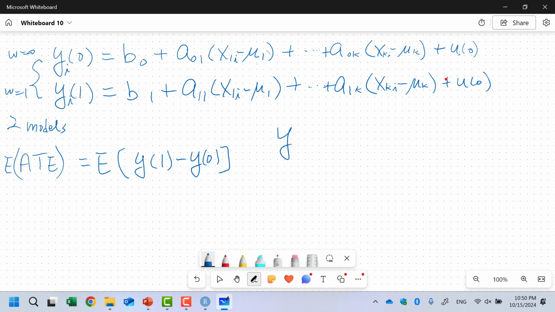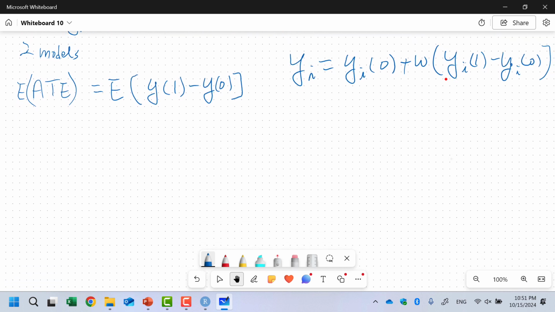So we know yi, we can create this one: yi is yi0 plus wi times yi1 minus yi0. I already explained that. So when w is 1, this will go out, and it will be just y1. When w is 0, then this is 0, and this is just y0.